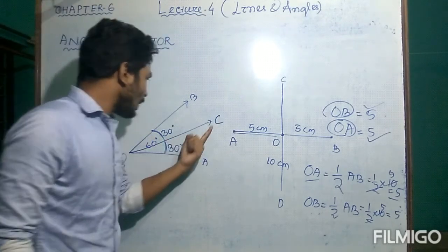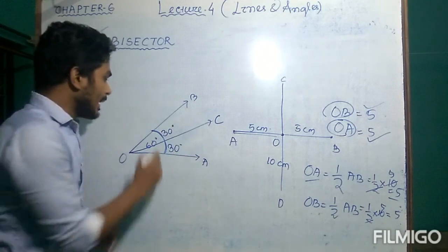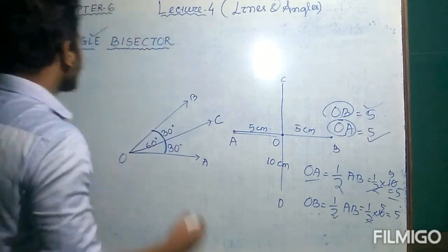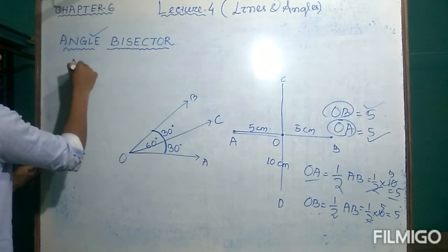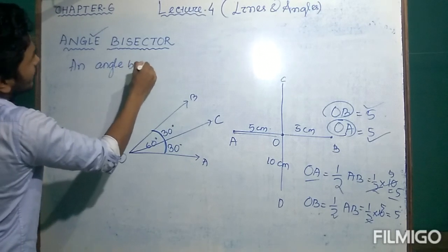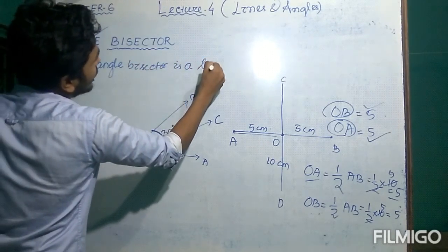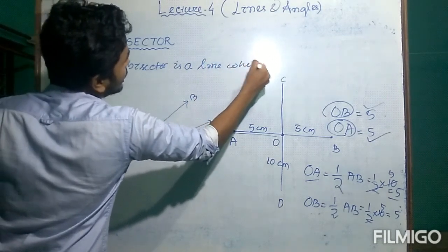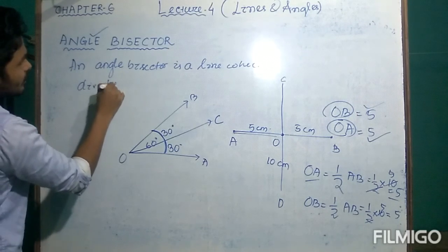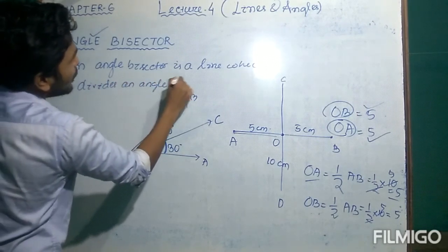Now I think you can understand what is an angle bisector. So an angle bisector is a line which divides an angle into two equal halves. Understood? So write it. An angle bisector is a line which divides an angle into how many parts?